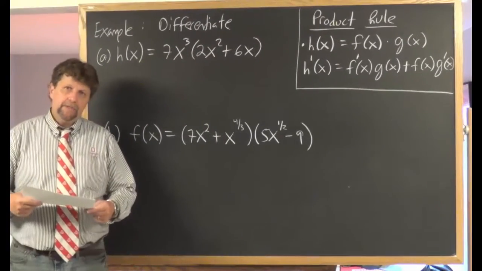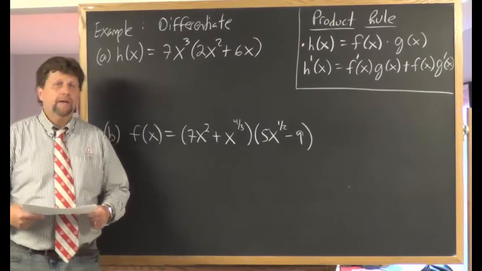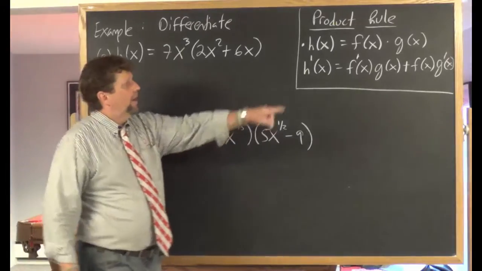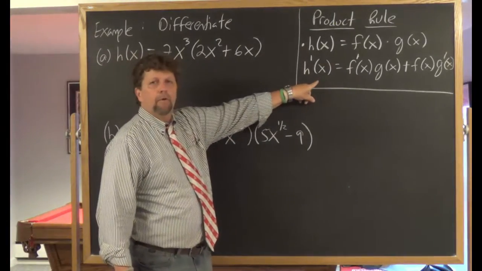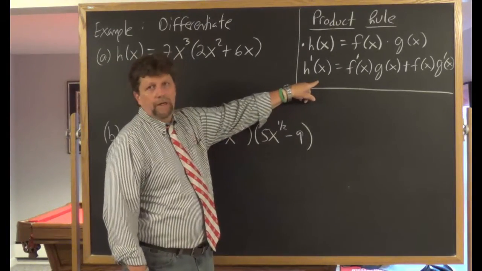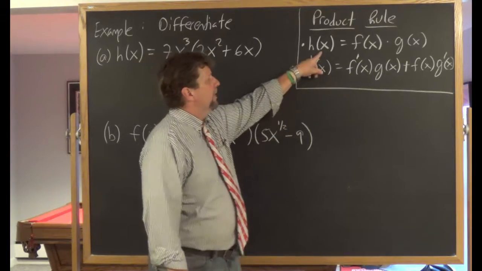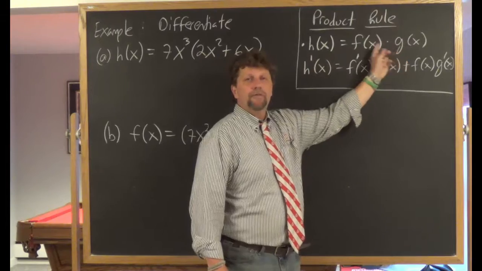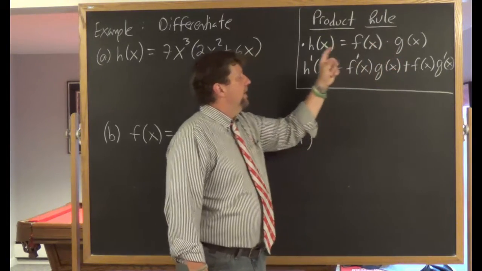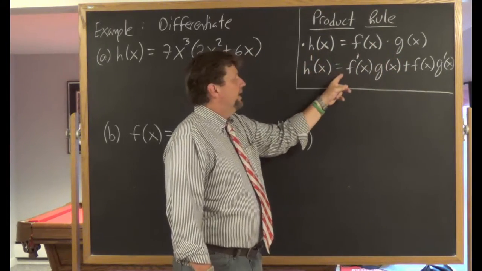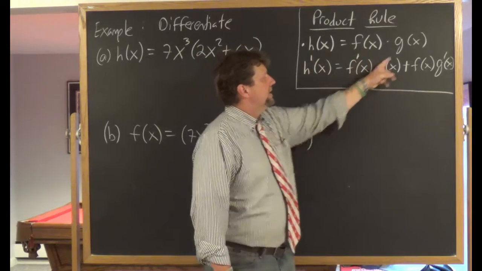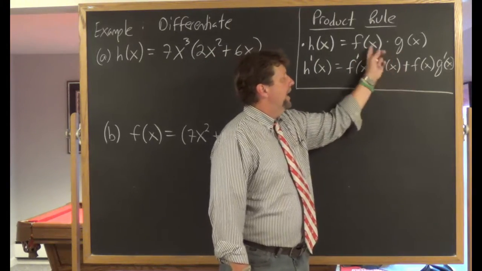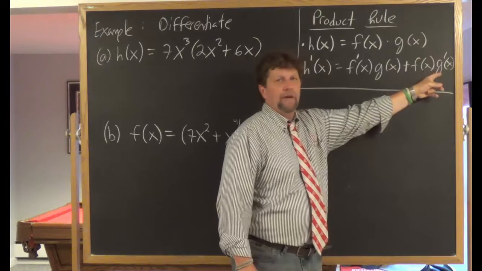All right, hey folks, we just looked at a brand new rule called the product rule. I thought I'd write it down up here in the upper right-hand corner of the board. So real quickly, the product rule says that if your function is a product of two differentiable functions of x, then the derivative is f prime of x times g of x plus f of x times g prime of x.